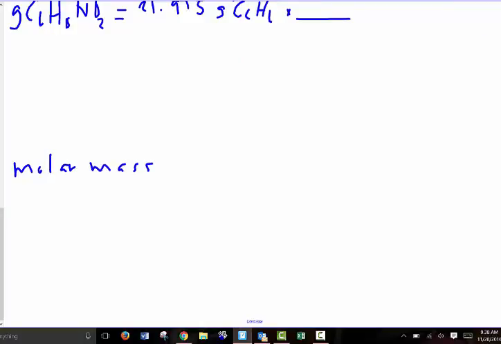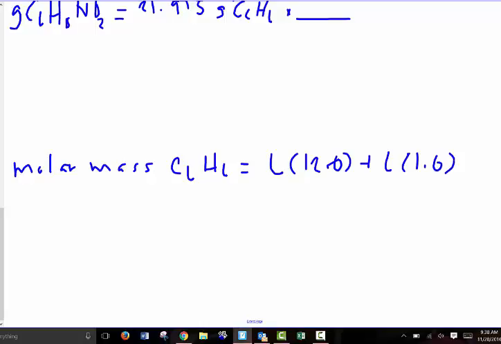Okay, well, the molar mass of C6H6, you've got 6 carbons, which have a mass of 12 each, plus 6 hydrogens, which have a mass of 1.0. Remember, we're getting these off our periodic table. So 6 times 12 plus 6 is 78.0 grams per mole, per 1 mole.